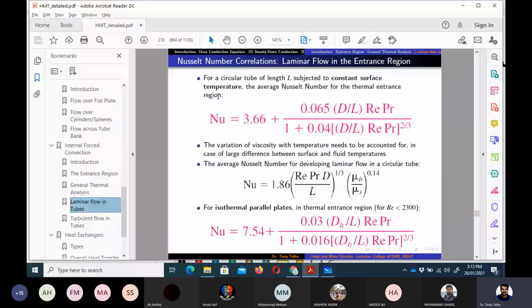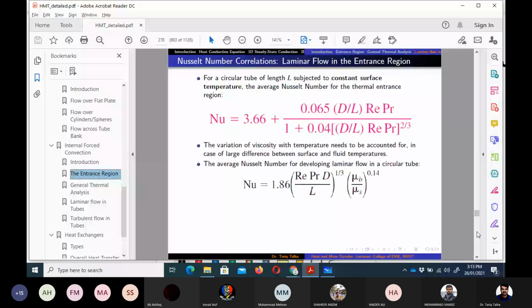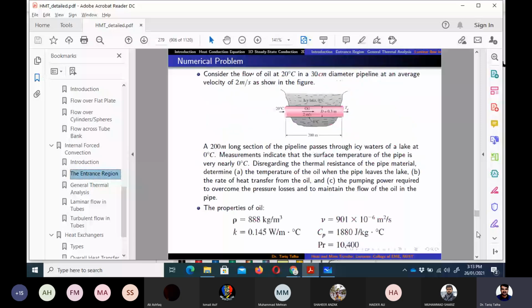The first correlation is for the constant temperature boundary condition and it is for the entrance length. So we are going to use this relation, which is Nusselt number equal to 3.66 plus this additional term, because in the entrance region the value of Nusselt number should be higher than the fully developed value, and we know why that is the case.